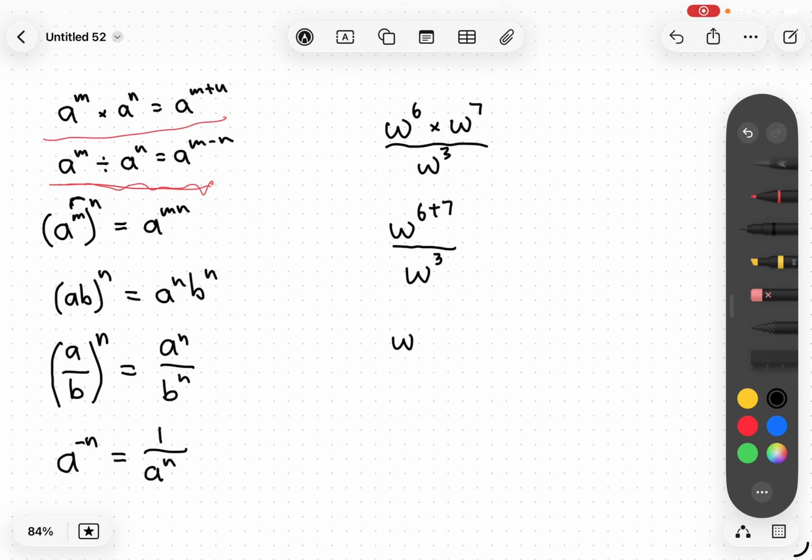So that's going to be w to the 13 divided by w cubed, which now we can write like it's a division one like this. So we can go w to the 13 minus 3, equals w to the 10. There we go.